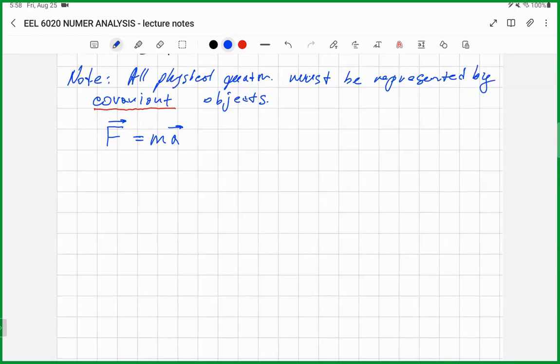And you see that we put this arrow on the left and on the right. So on the left and on the right, we have vectors. And for example, writing something like this, like vector on the left and scalar on the right, would be a mistake.